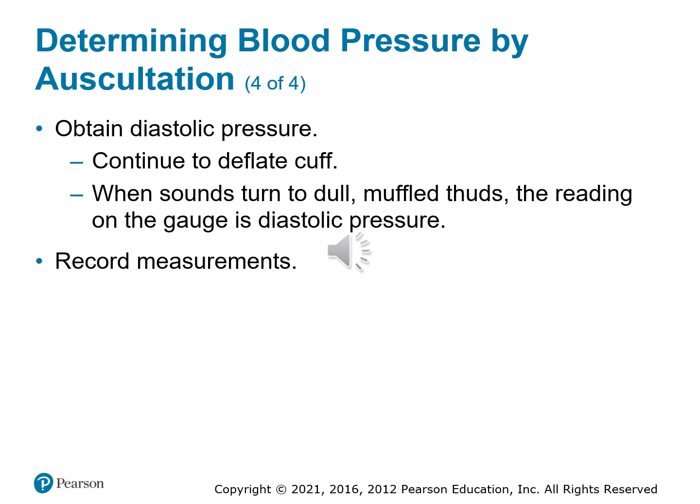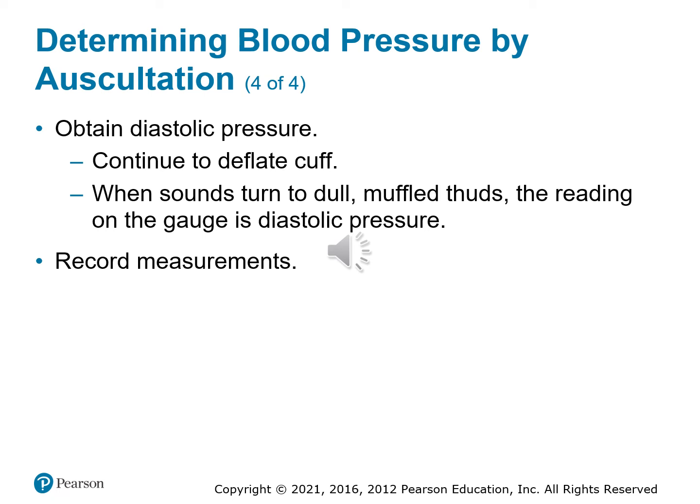Now the diastolic pressure: you keep letting the air out. So you've inflated the cuff, you're slowly letting the air out, you hear that first thump. That's your systolic pressure, the first number. Continue to slowly let the air go out until those thumps disappear.